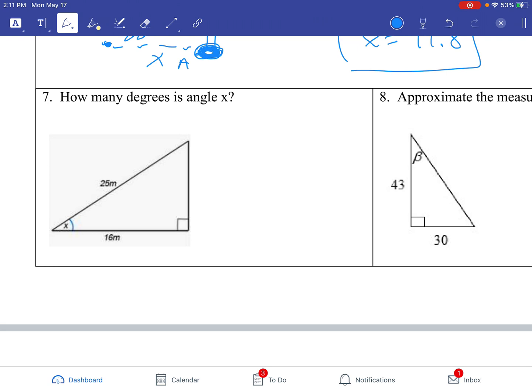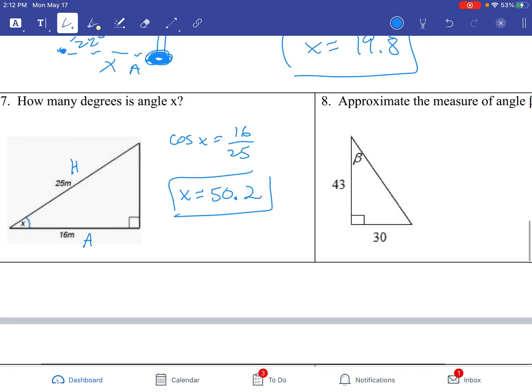Here we're just giving you triangles and trying to find the missing pieces. This is a right triangle. This is the adjacent side and the hypotenuse, which means we're going to use cosine of x is equal to the adjacent 16 over 25 hypotenuse. So to find an angle, you're going to do the inverse cosine of 16 divided by 25. X will equal 50.2.